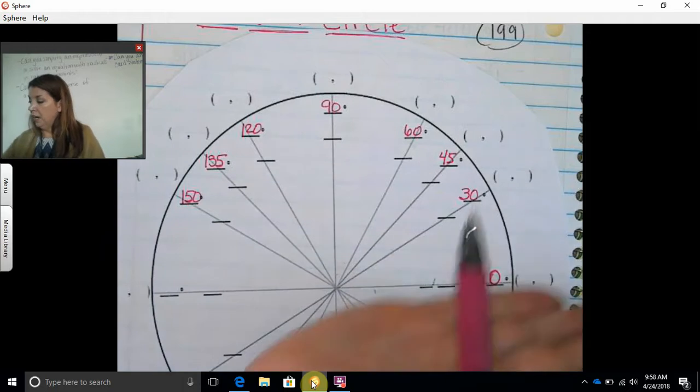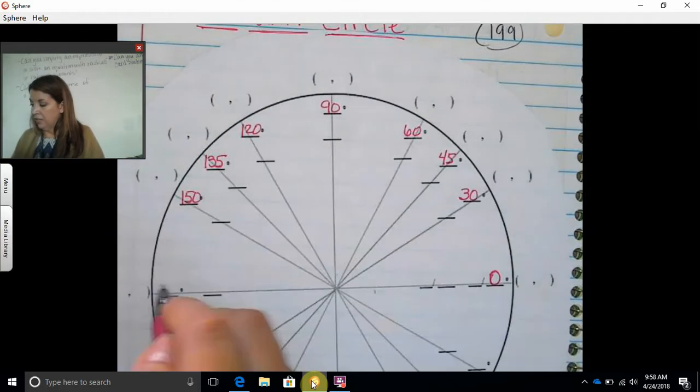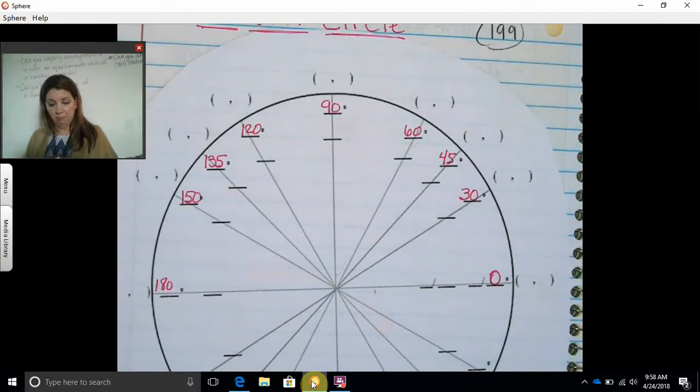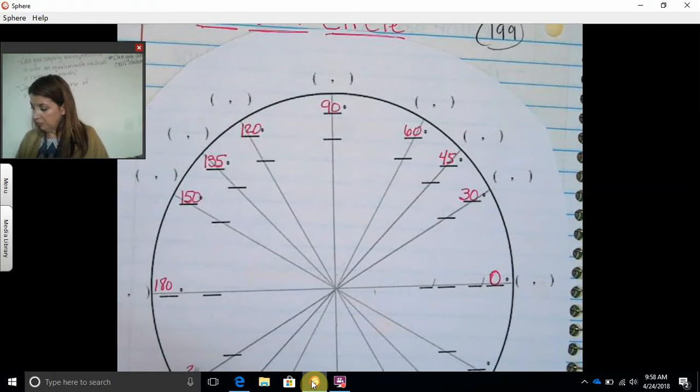And then we already know a half of a circle, that's 180 degrees. But if you added 30 to that, you get 180, right? So then we have another 30 degree jump, so that's 210 degrees.